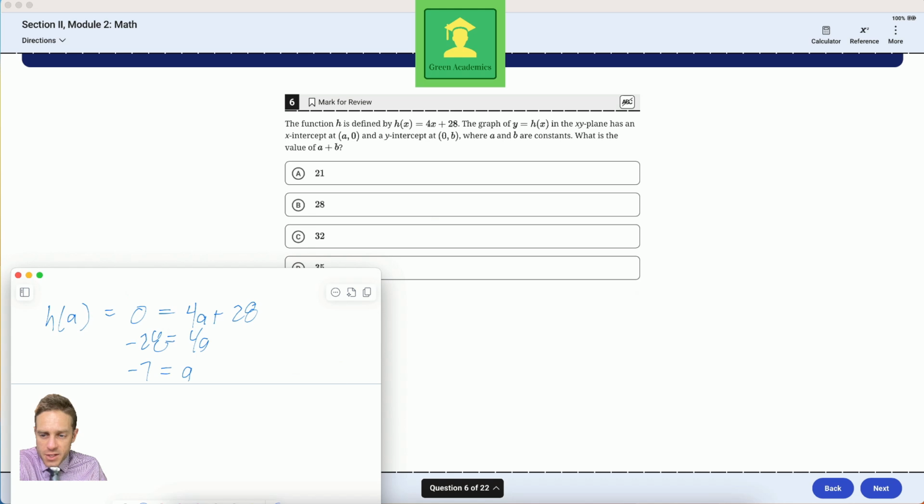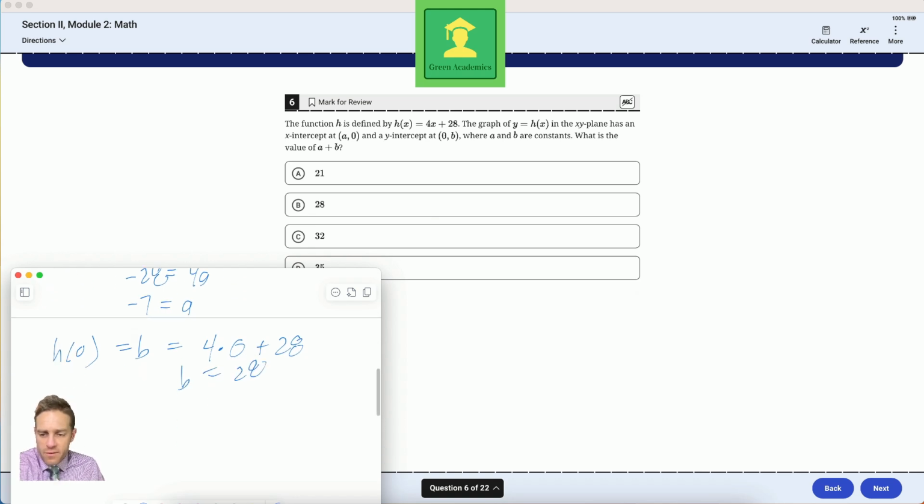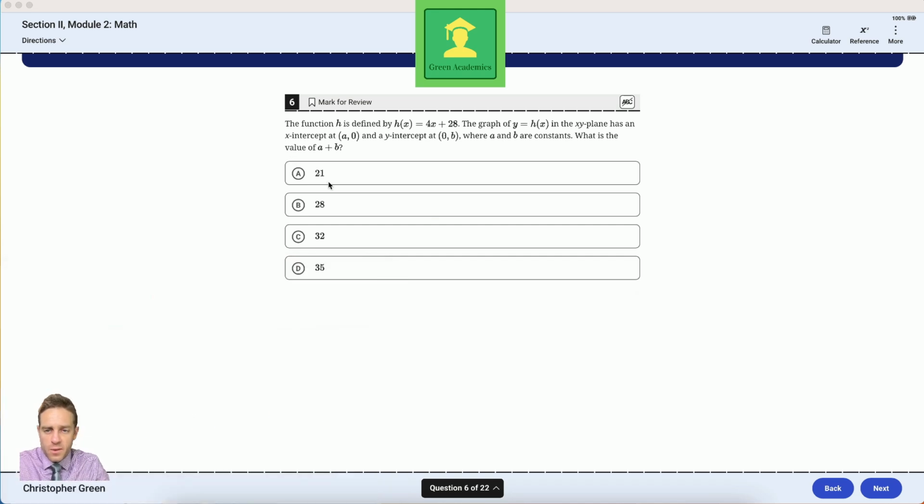So h of 0 equals b. But h of 0 is 4 times 0 plus 28, which is just 28. So now you know you have the points negative 7, 0, and 0 comma 28. What is the value of a plus b? Oh, here we go. So a plus b is negative 7 plus 28, which is 21.